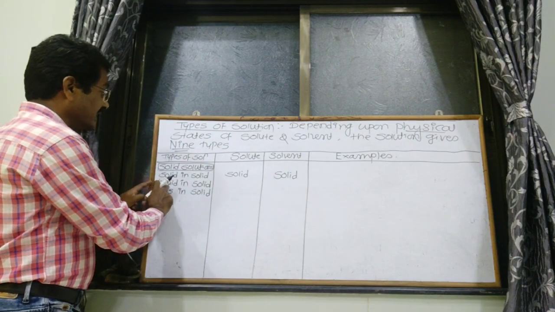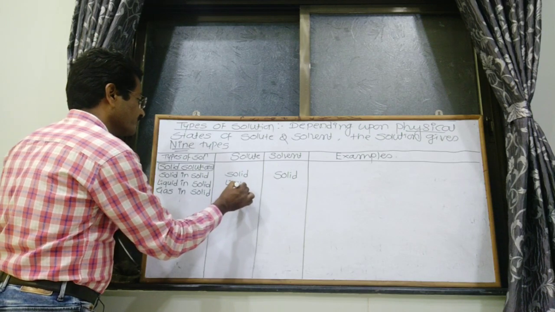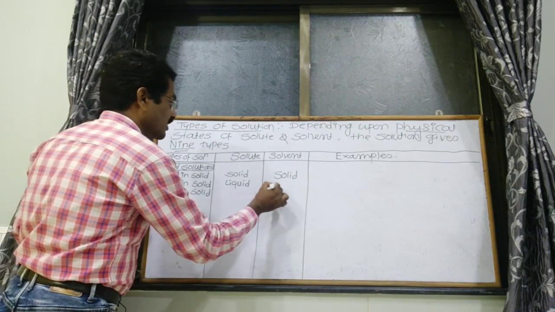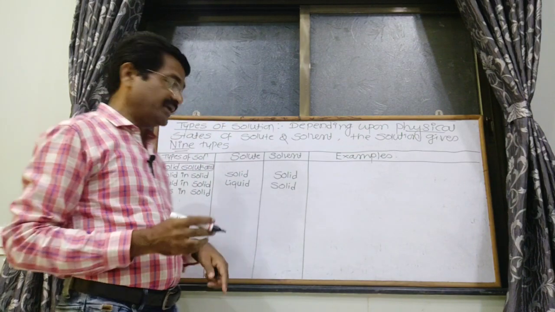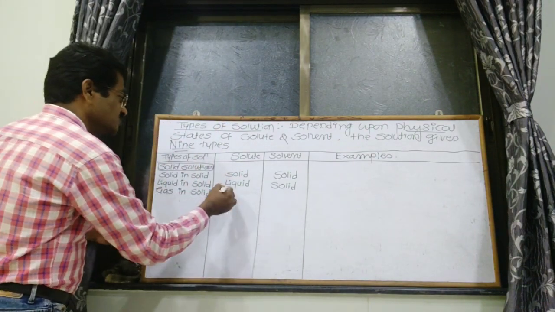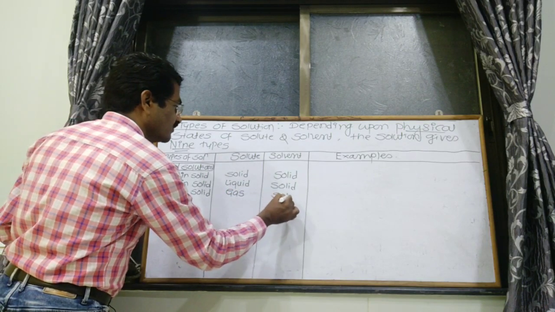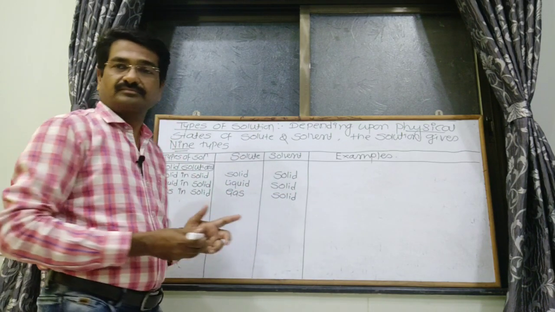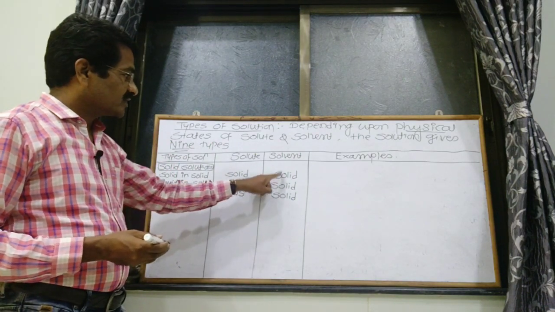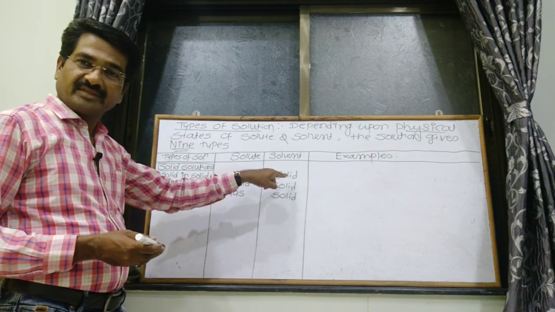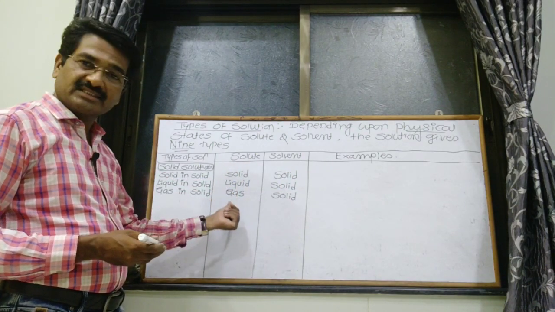Then liquid in solid means the solute is liquid and the solvent is solid. In the third type, gas in solid means the gas is the solute and the solvent is solid. In all these 3 subtypes, the solvent is solid. The solute may be solid, liquid or gas.